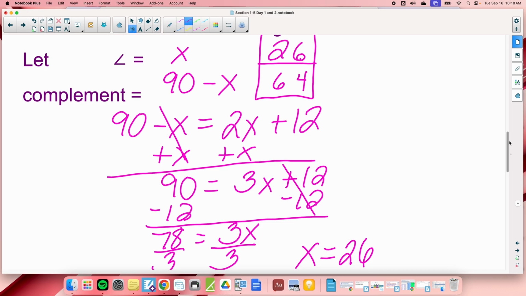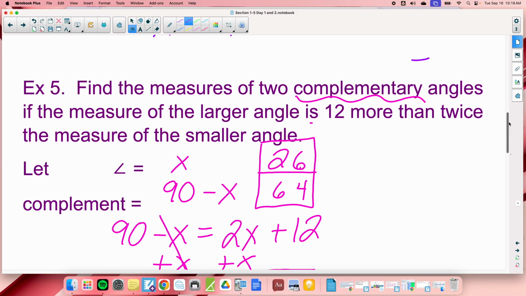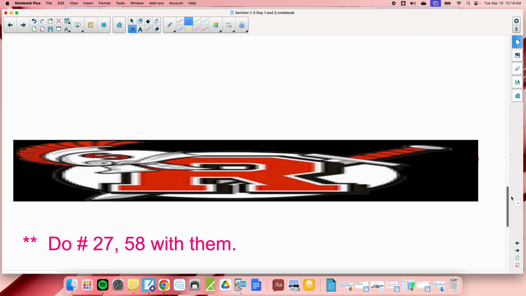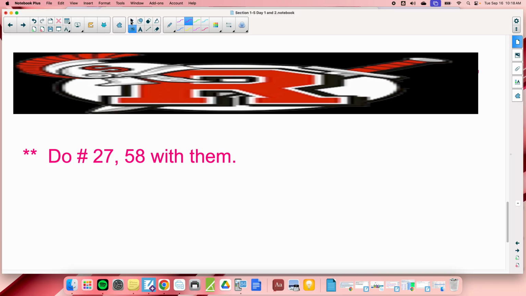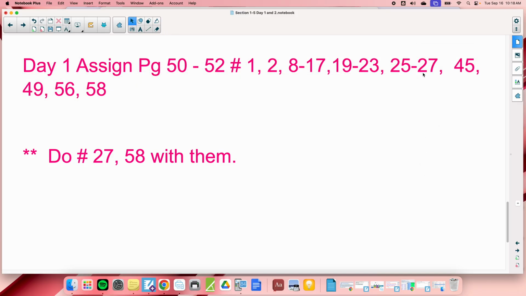And then if you were on the test, you could say, is this one, 64, equal to twice the smaller plus 12? And you could check, is 2 times 26 plus 12 equal to 64? And it is.